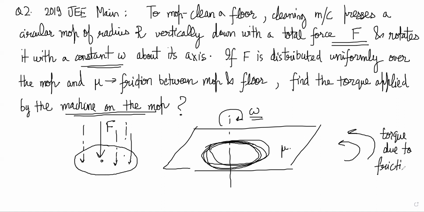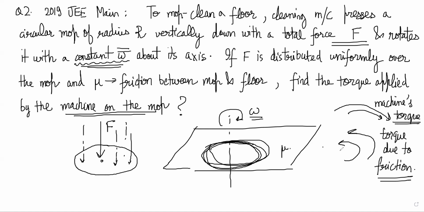If the torque of friction were acting alone, it would slow down the mop and the rotation would stop after some time. But the machine is ensuring that the mop is constantly rotating with the same angular speed omega, which means that the machine is applying a torque to cancel the torque of the friction. So the machine's torque cancels the torque of friction, and therefore there is no net torque, and therefore the mop can rotate with constant angular speed, right?